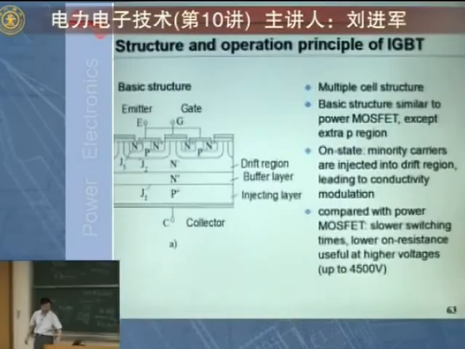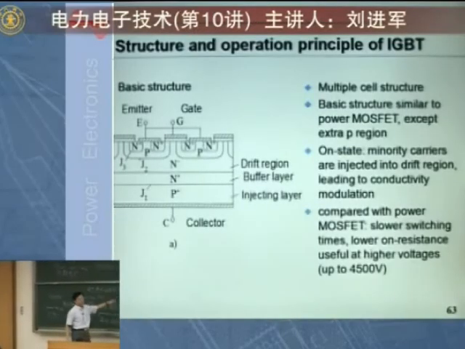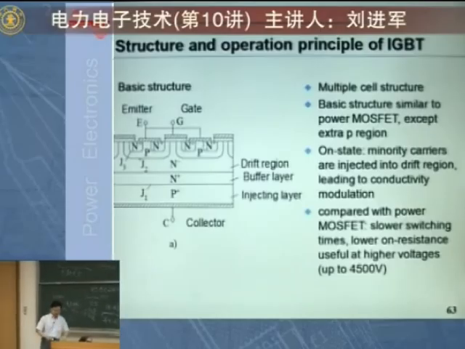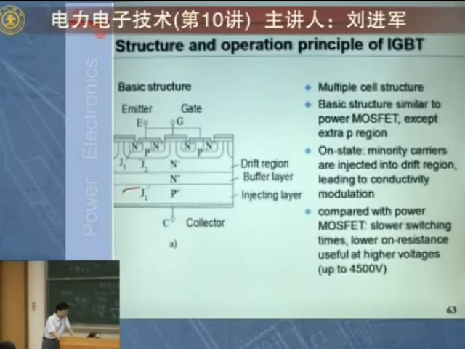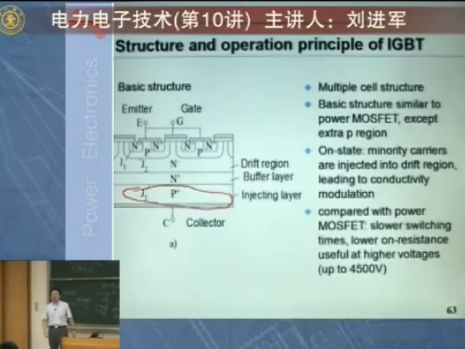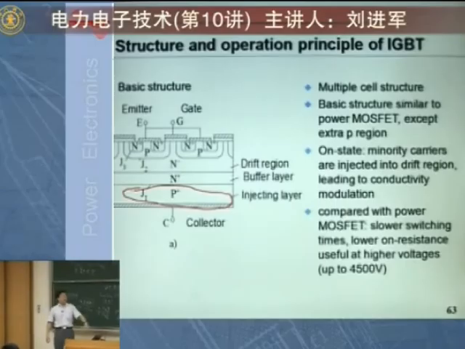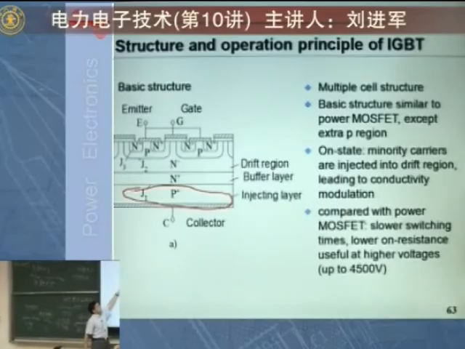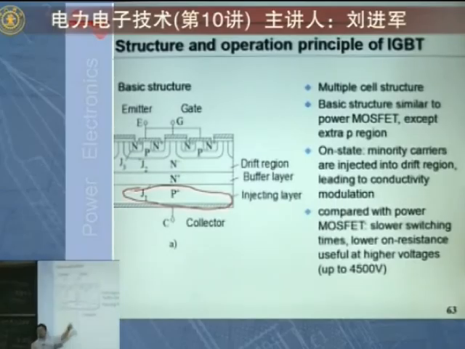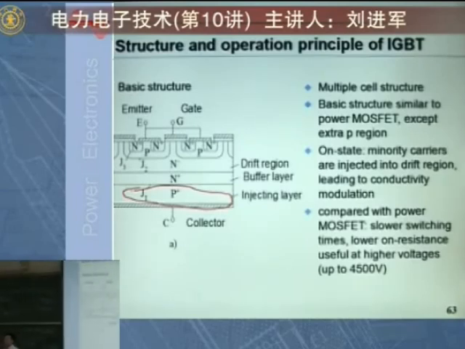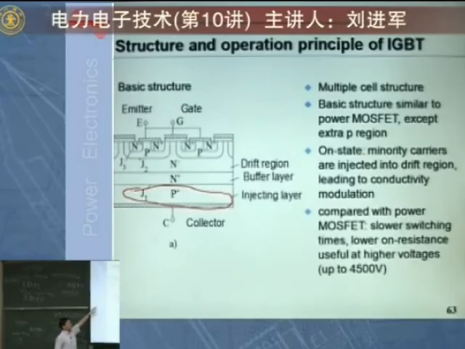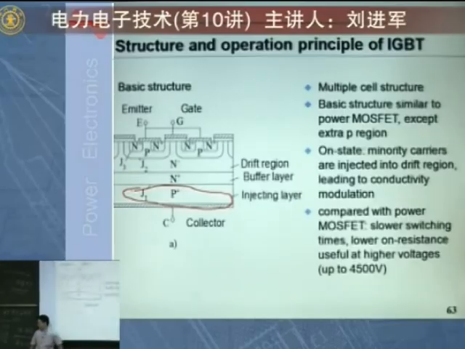The basic difference, the key structure is here. The only difference between this and MOSFET, pay attention to here, is this layer. You are adding another layer here to the MOSFET structure. If you look at the upper side, it is exactly MOSFET. The only difference is that you add another layer here. This is called the injecting layer.